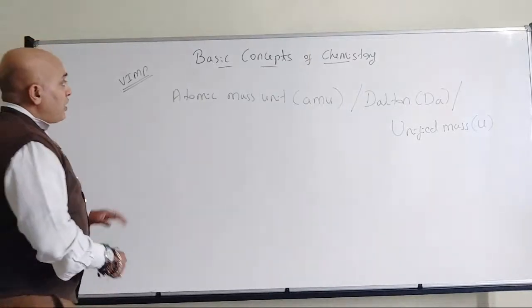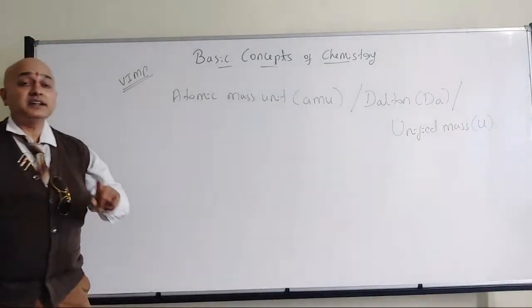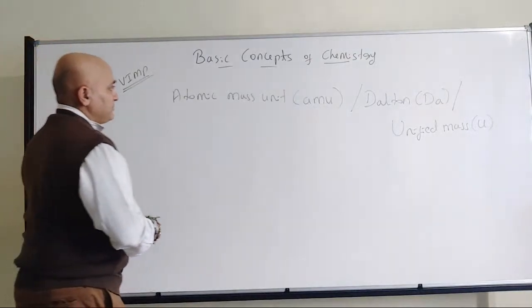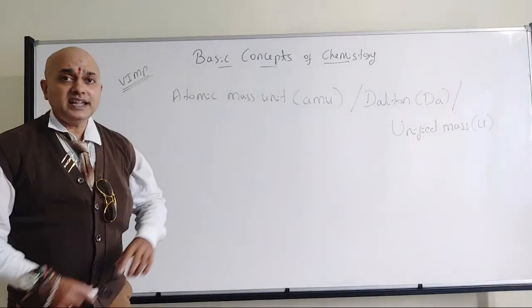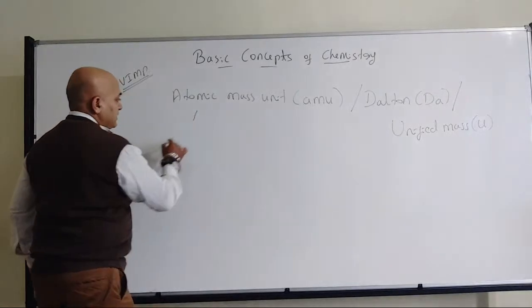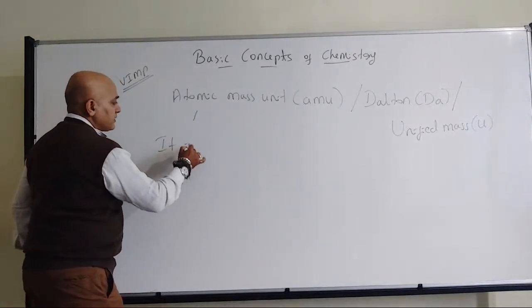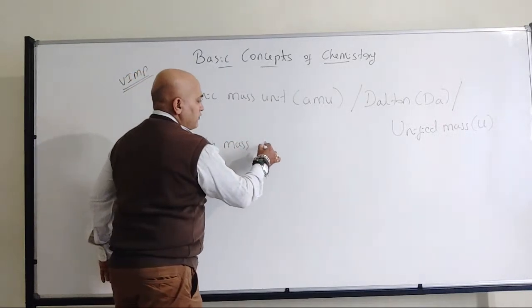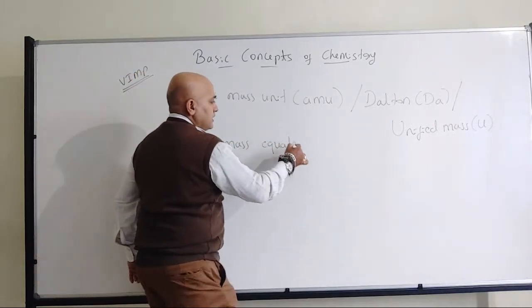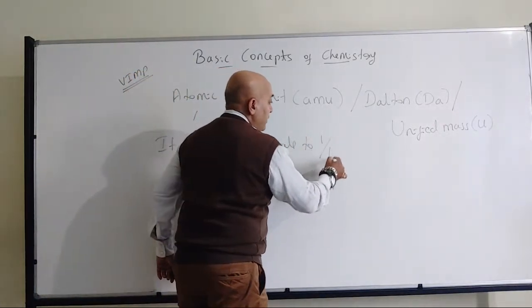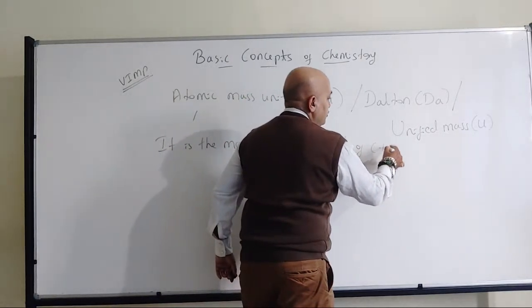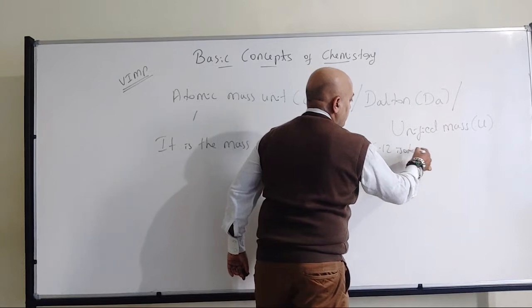Okay, so if I want to define, that's where the definition they will ask. Atomic mass unit is nothing but the mass equal to 1 by 12 of the carbon 12 isotope.